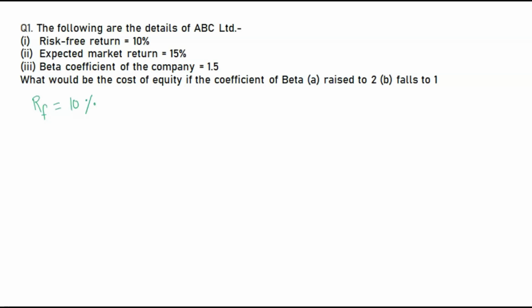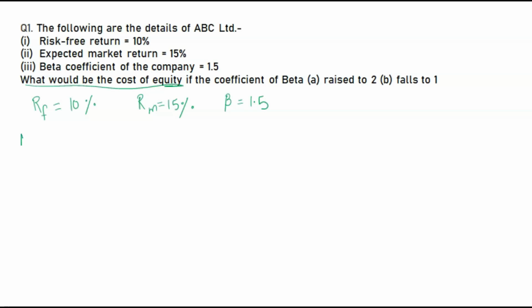Second, expected market return, that means RM, is given as 15%. And third, the beta coefficient of the company, that means the risk which cannot be avoided, is given as 1.5. First we have to find out the cost of equity. See till here only, and we'll see the further parts.